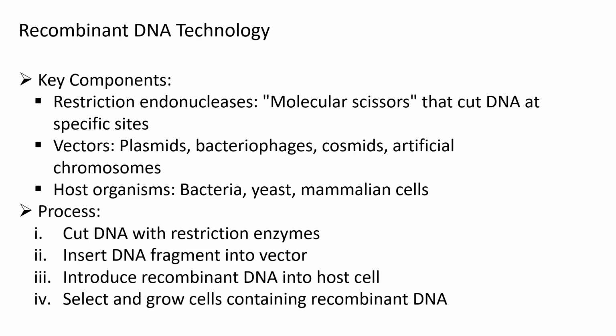About this RDT, or recombinant DNA technology, we saw some of the key components. One was restriction endonucleases, which came out to be molecular scissors that can cut DNA at specific sites.